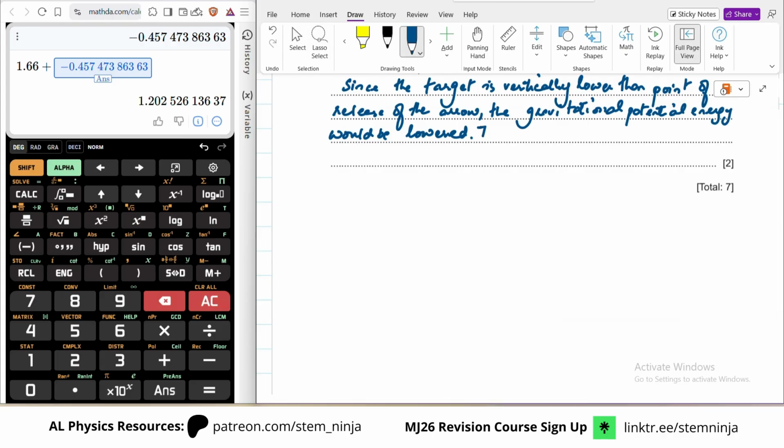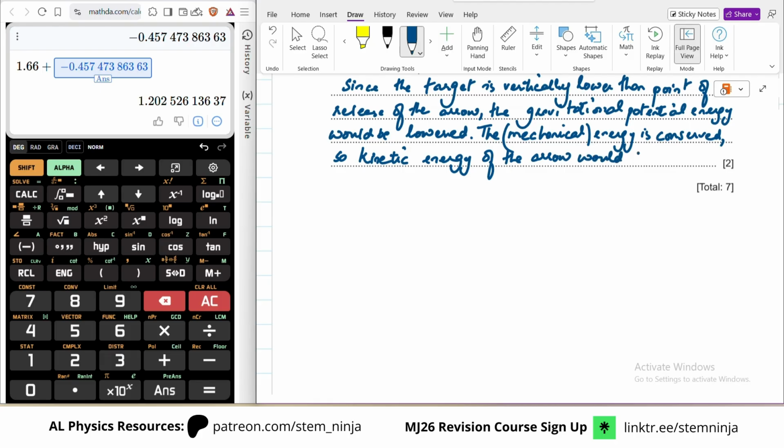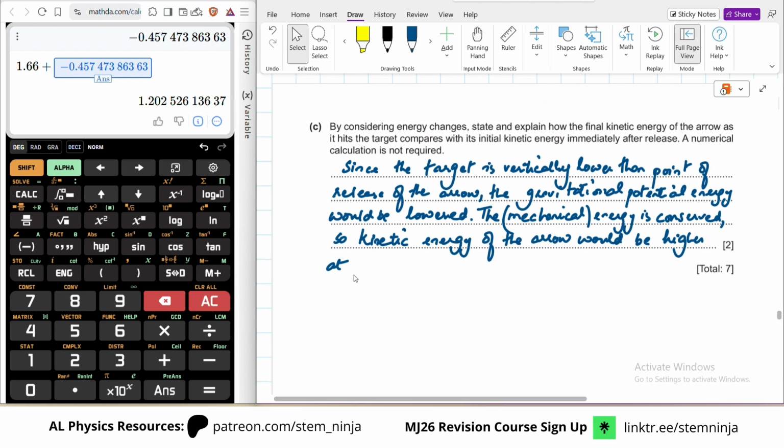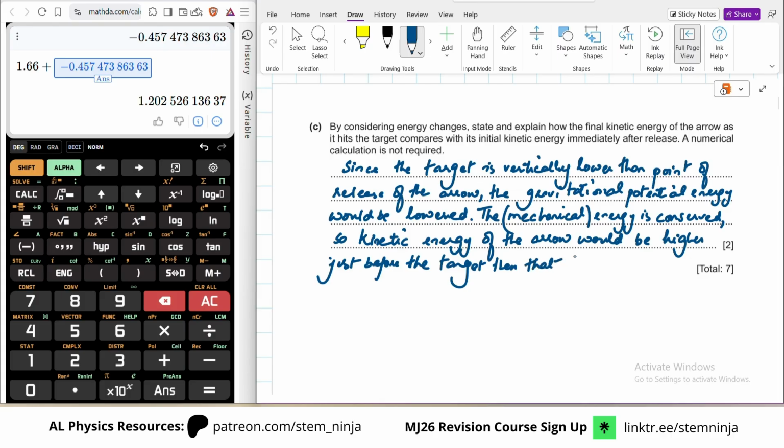Since the mechanical energy is conserved, or you can say the energy is conserved also, so the kinetic energy of the arrow would be higher at the target, just before the target, than after its release.